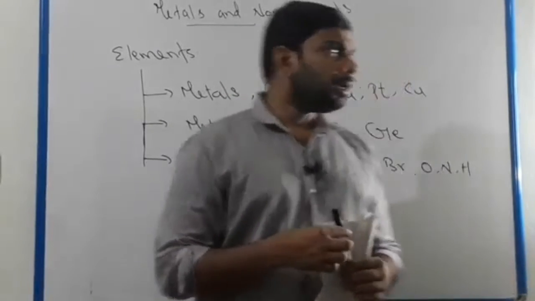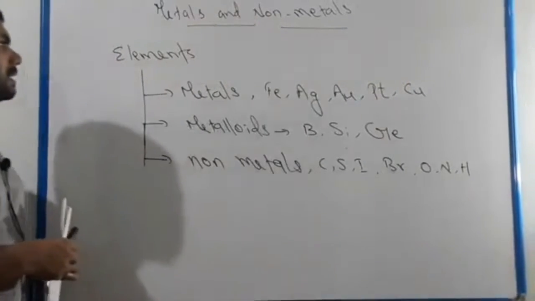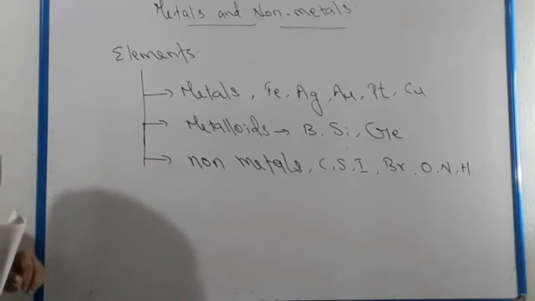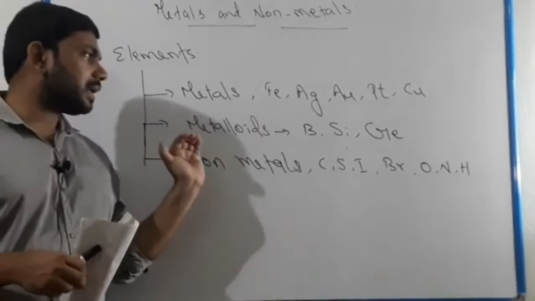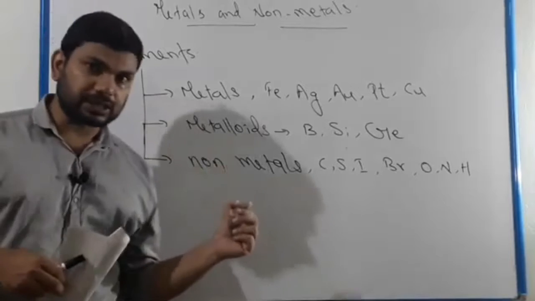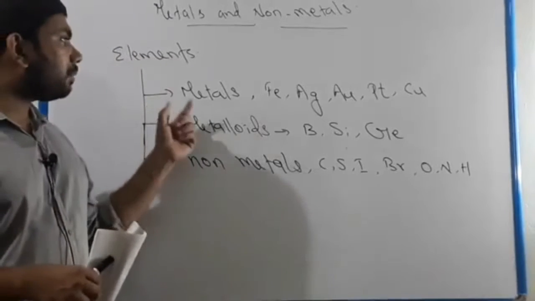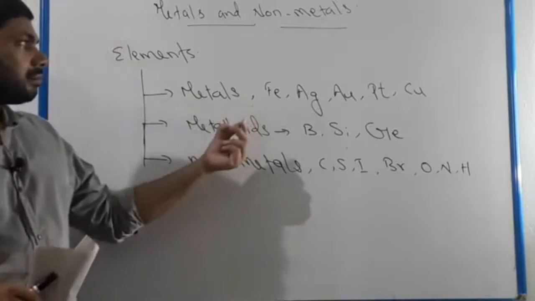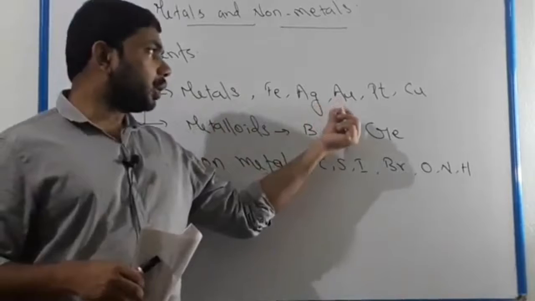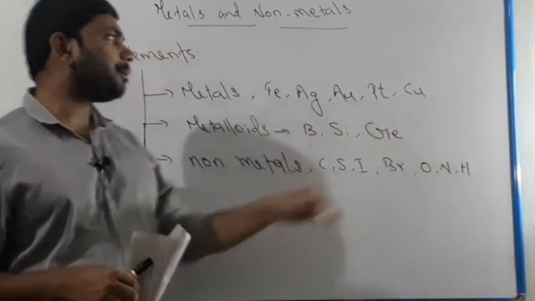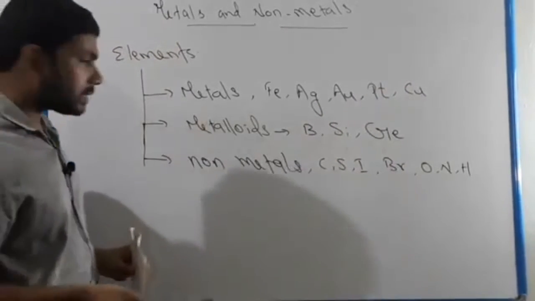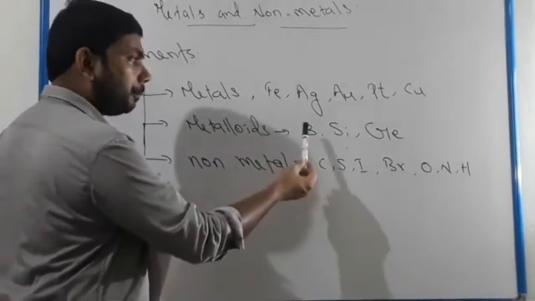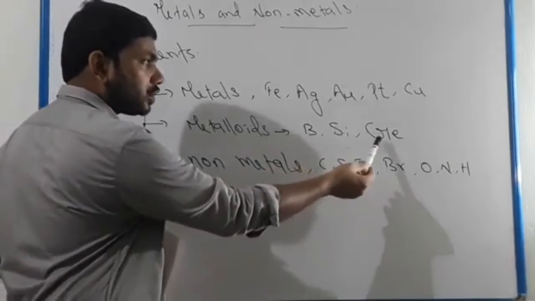Now see here, these are the major classifications of elements. We can classify elements as metals, metalloids and non-metals. Examples for metals: iron, silver, gold, platinum, copper. Examples for metalloids: boron, silicon, germanium.